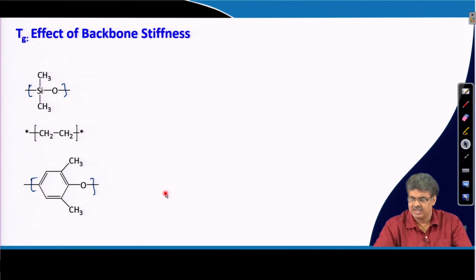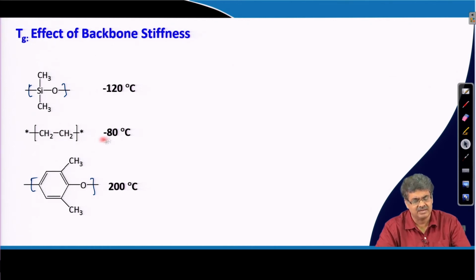So, if we give the values, this will be minus 120, and this is polyethylene, whose Tg is not a fixed value like minus 80 as I mentioned here. This is a representative value.